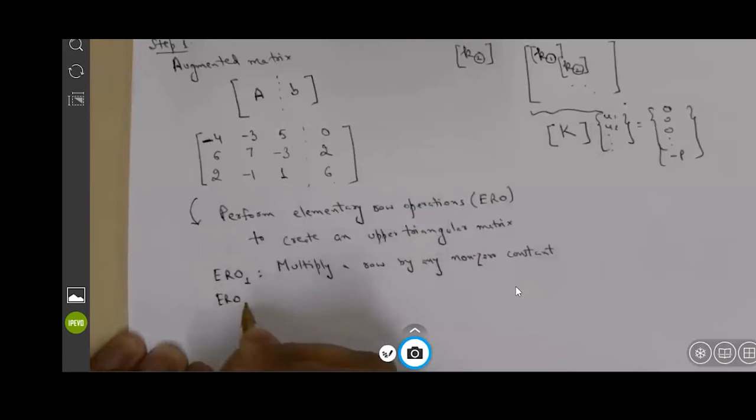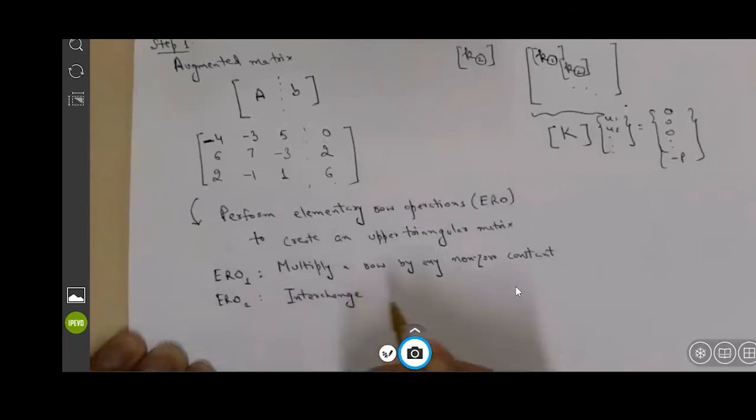The second elementary row operation says you can interchange any two rows.